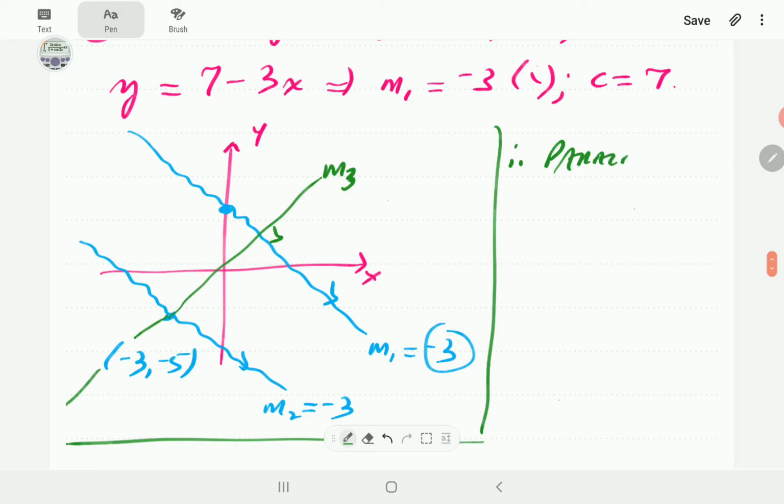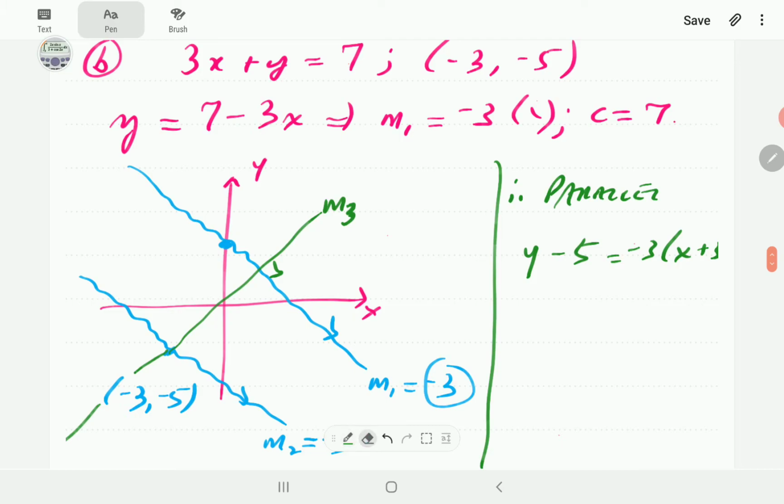So parallel. Here we're going to have y minus -5, and on the right hand side we're going to have -3 into x minus -3. So minus negative, of course, is plus. So y minus -5 becomes plus, and x minus -3 becomes plus.